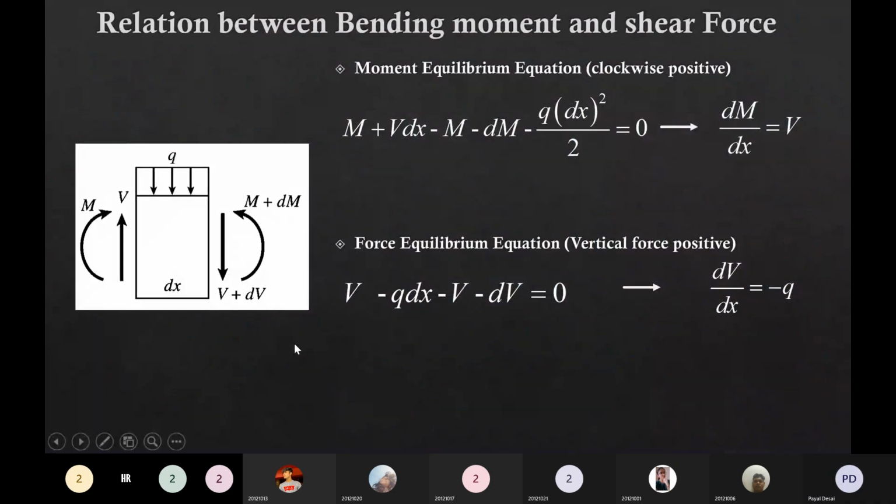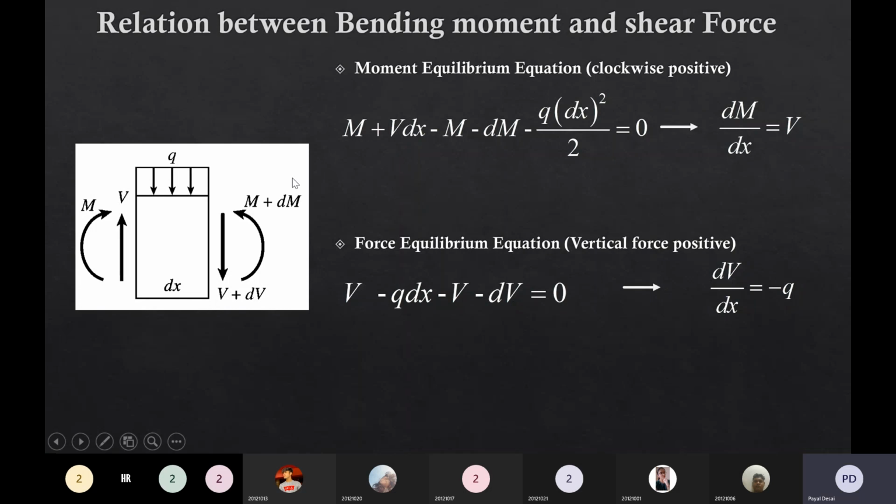We just need to establish the relationship between bending moment and shear force. Then automatically we will be able to establish the deflection and the shear force, and loading and the shear force, that we will see.